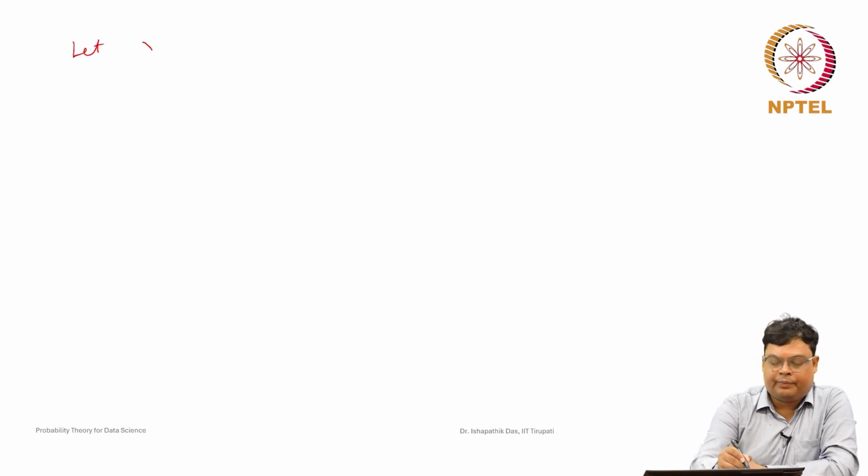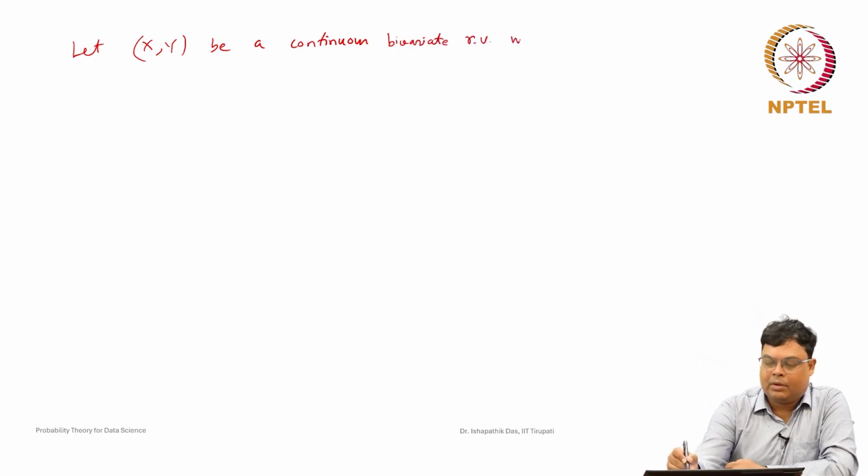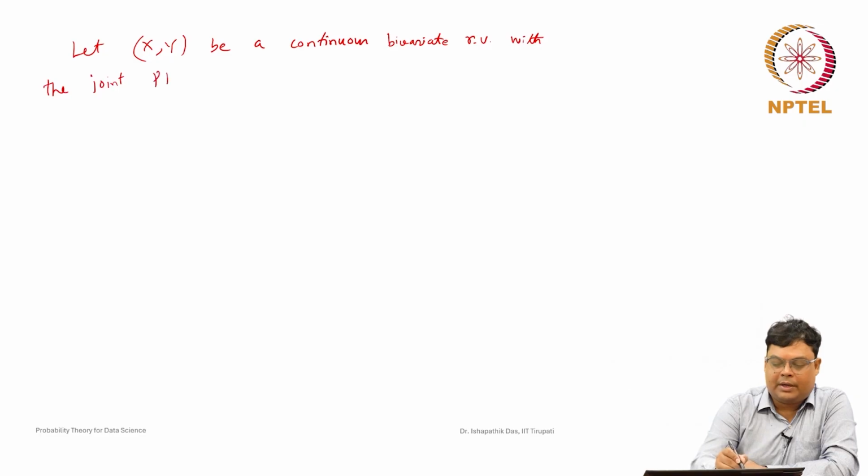Let (X, Y) be a continuous bivariate random variable with the joint probability density function.